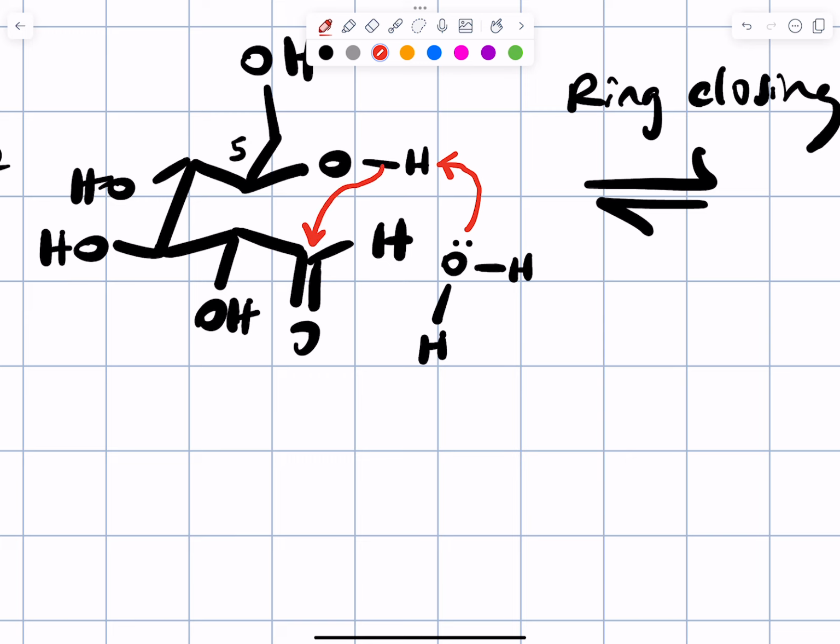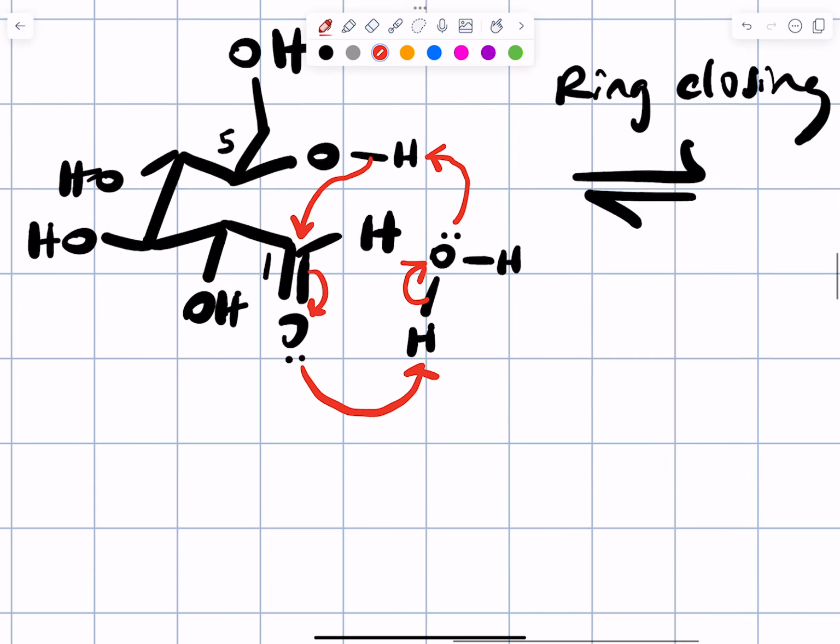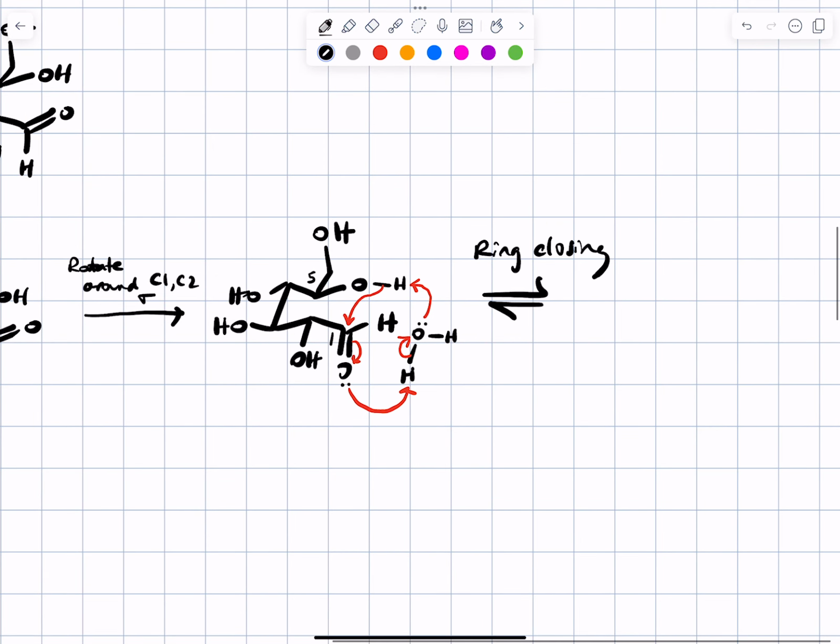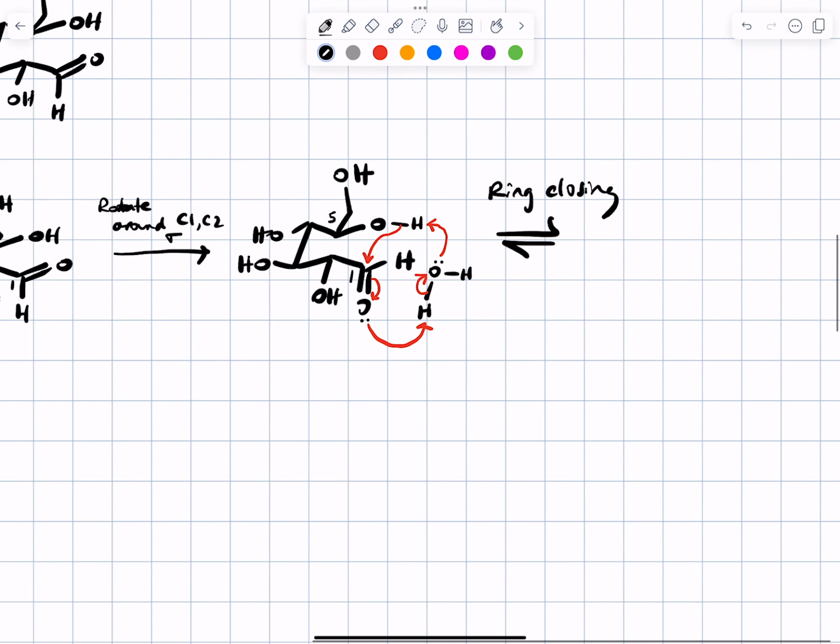The C5 oxygen attacks the C1 carbonyl at the same time as the pi bond is breaking, lone pairs on the oxygen attack this hydrogen and electrons move onto the oxygen. You could show ring closing in that way. And that would lead you to the alpha anomer.